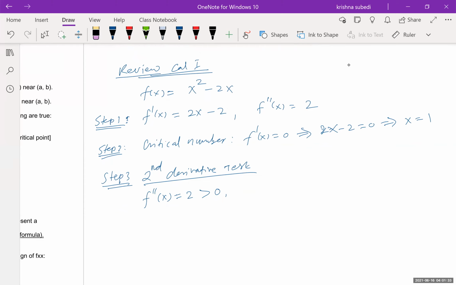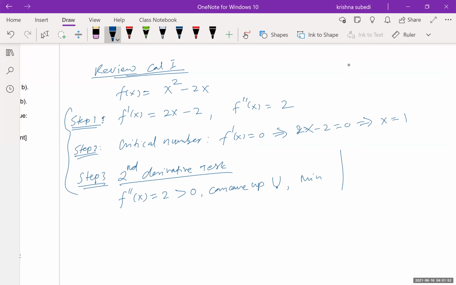Remember, the second derivative gives us the concavity of the graph. So it's concave up, which means the shape is like this, so we'll have a minimum value at that point. These are the 3-step methods that you use to find the maxima and minima.